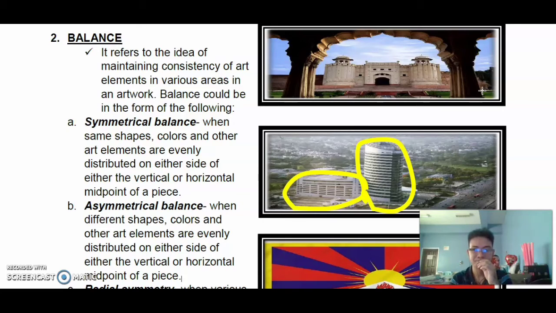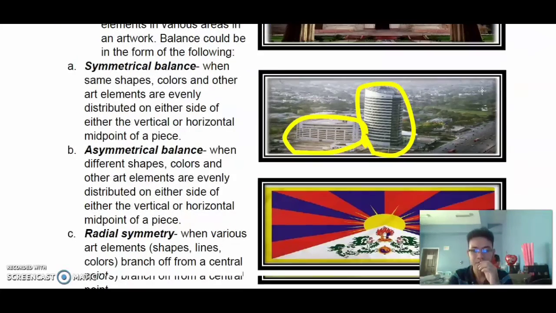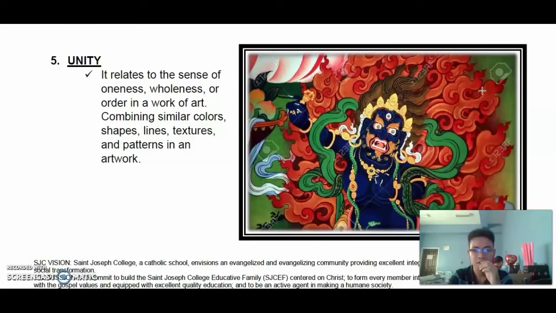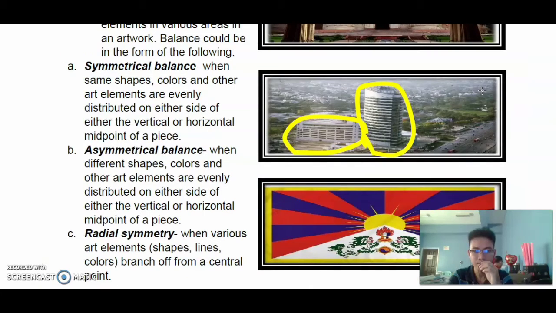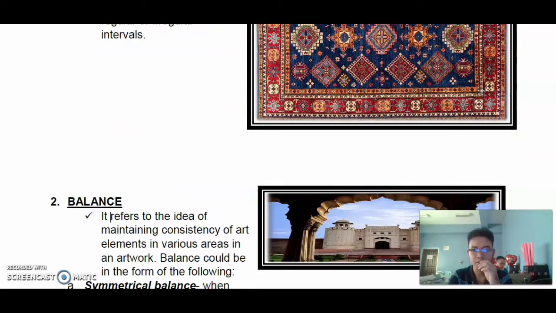We have here an example of a building. They have the same proportion or same sizes on either side of this building. This is what we call symmetrical balance.